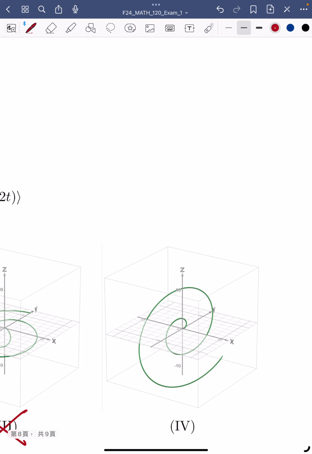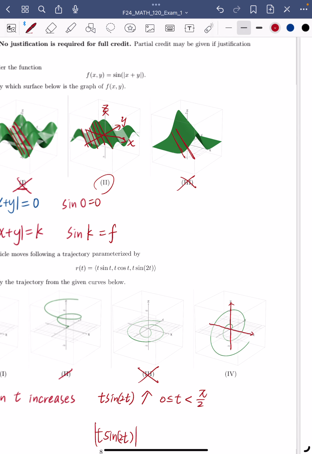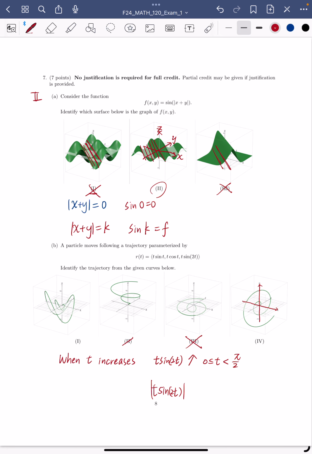So for this curve, it always stays in the xz plane. The y is never non-zero. Well, the y is always 0. But for our case, the trajectory does suggest the possibility of y being not 0. So not the fourth.